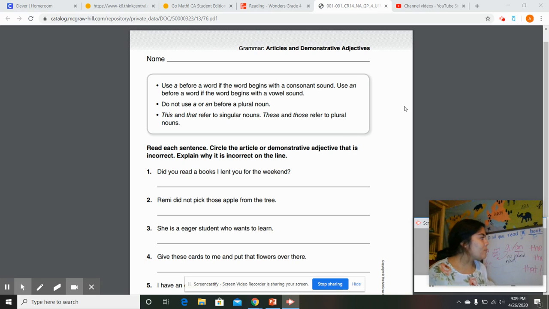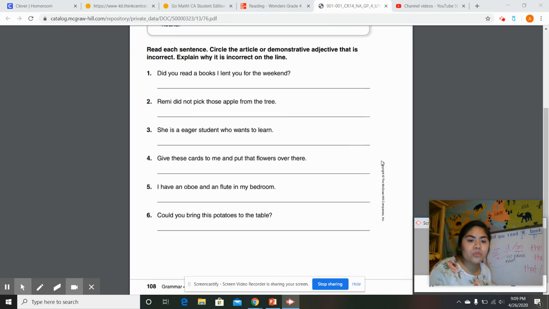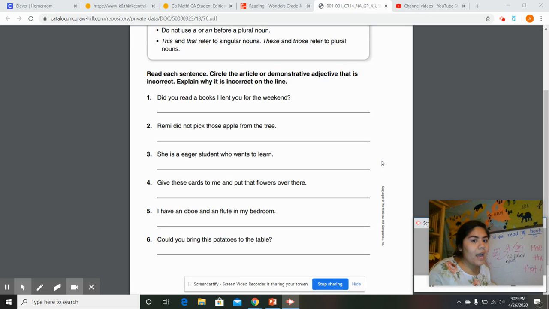Right? So that's pretty much our grammar lesson for today. So for the rest of the questions 2 through 6, same thing. I want you to tell me the article they used was, and I want you to tell me the noun.